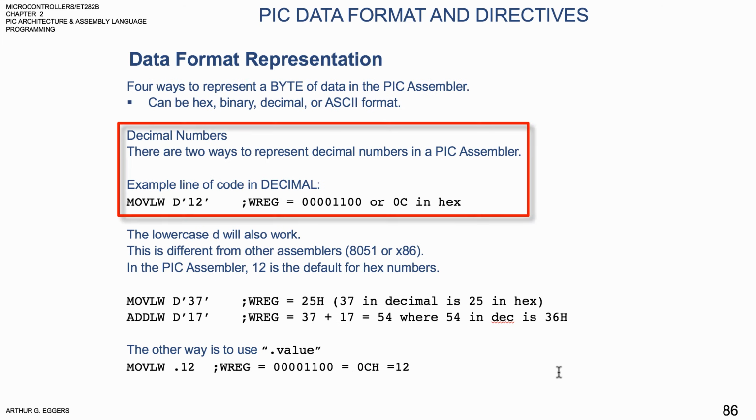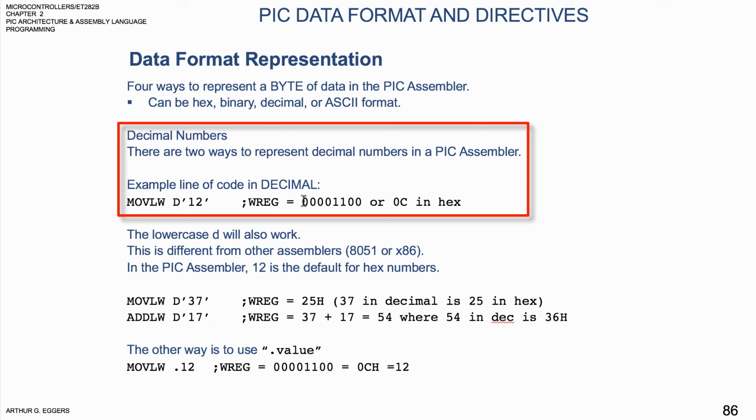For decimal, there are two ways to represent decimal numbers in a PIC assembler. Let's look at this. The example line given in decimal, we have a move a literal value into the working register, D, telling us it's expecting to see a decimal number, single quote, 12, close single quote.